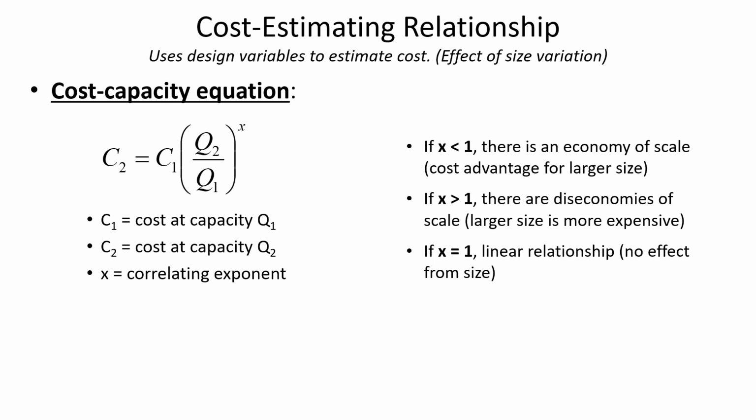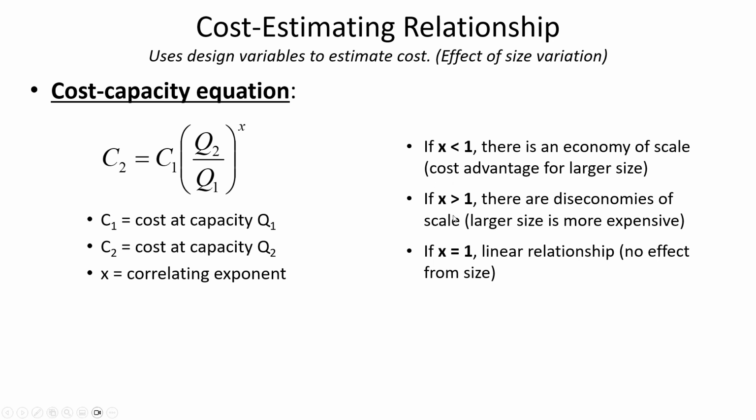We were looking at a curve that flattens out over time, where this is cost, this is size, and this is cost. So when you have x less than 1, that means that if you double the size, it's not going to double the cost. It would be less than a doubling of the cost to double the size.